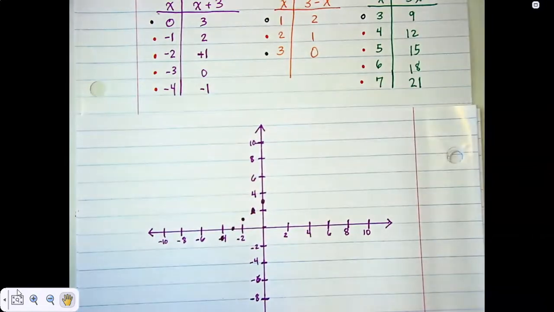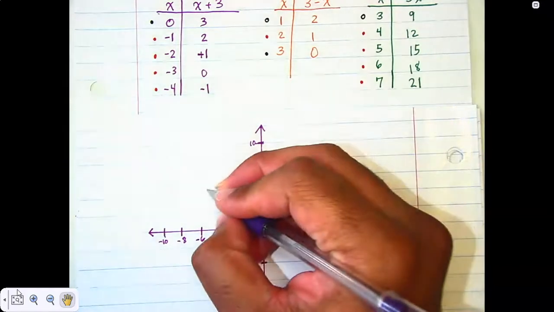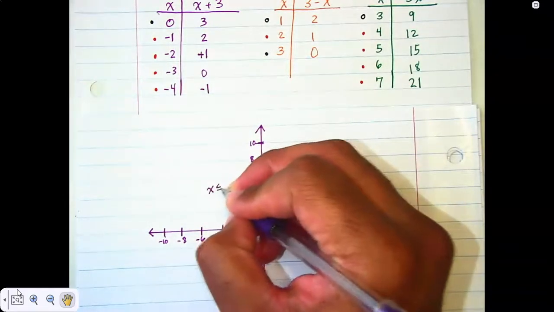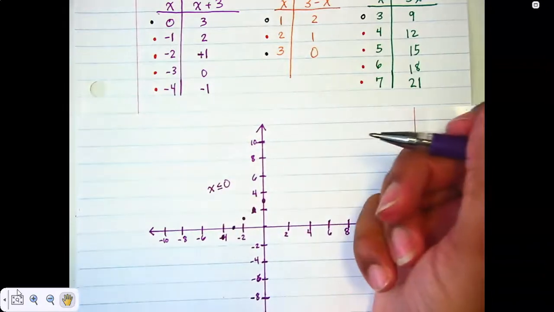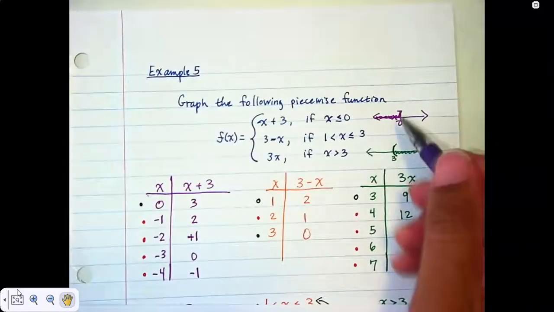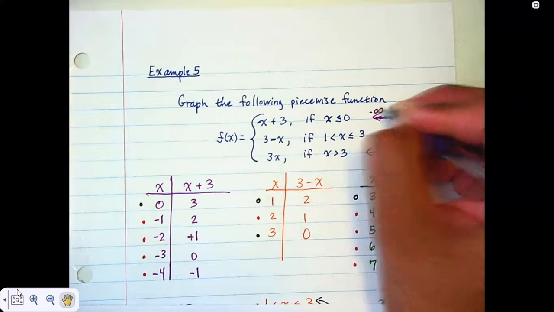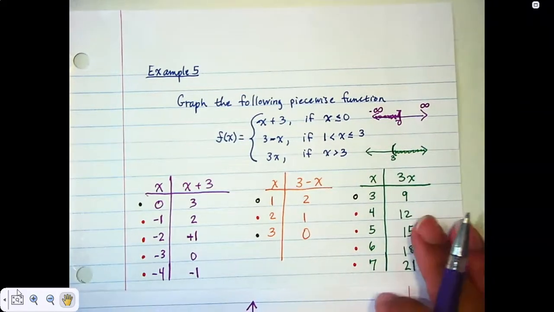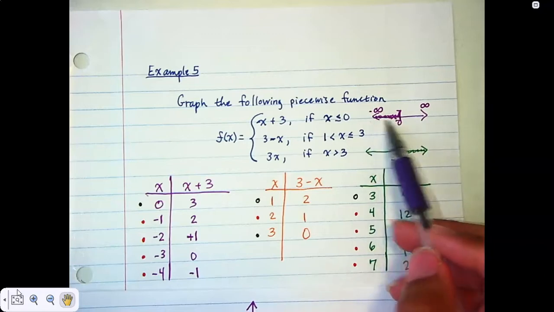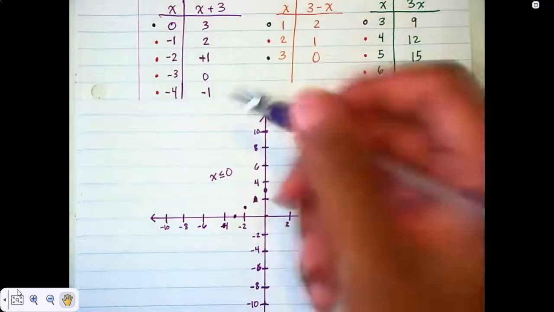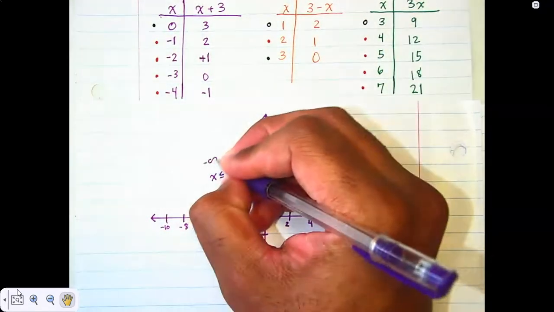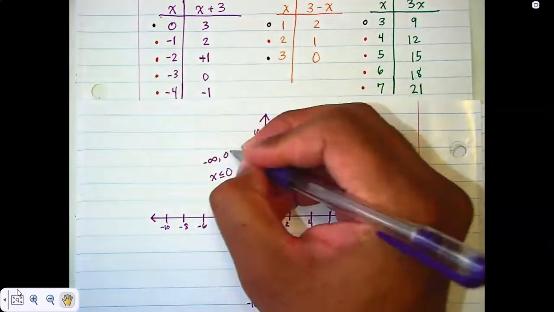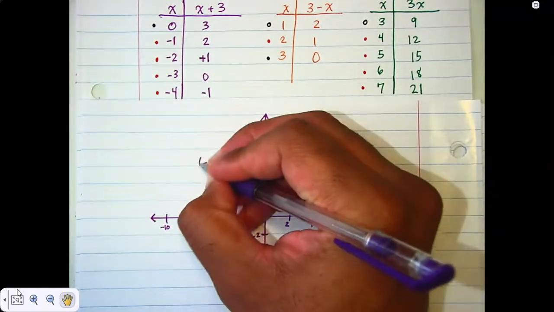All right. And before we do any type of connection, we're going to pull in the inequality, that condition, one more time. If you remember back on the number line that we had up here, we had negative infinity on this side and positive infinity on this side. If we write this in interval notation, it would be from negative infinity to 0. We have a bracket here and a parenthesis here.